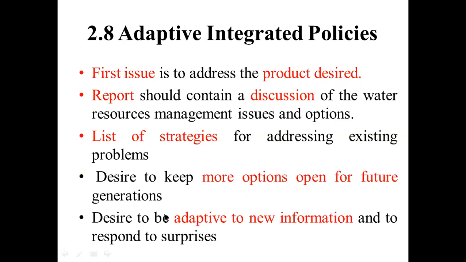Okay, next is adaptive integrated policy. In this adaptive integrated policy, whatever is running in the current situation is adapted based on the land use, water required, water available, and people use. The first issue is to have the product desired.